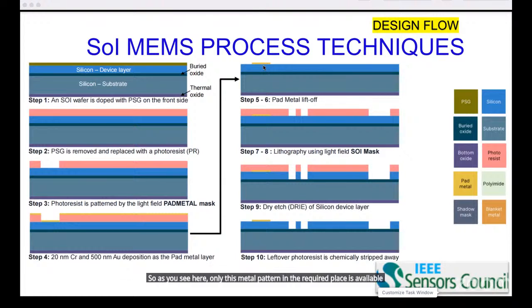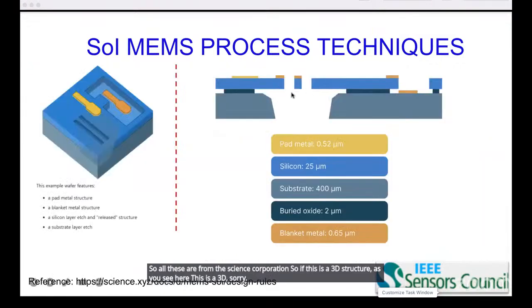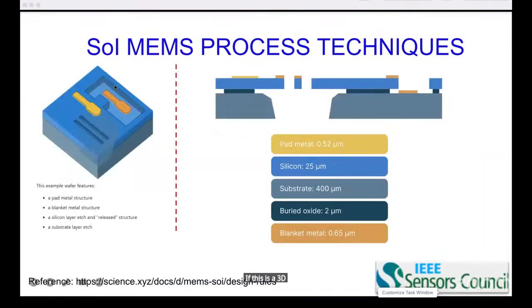Whatever I am showing is with a 2D structure. All these are from the Science Corporation. If this is the 3D structure, from the top we will have a mask like this.